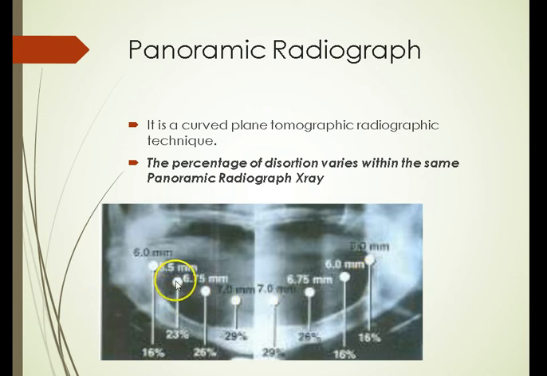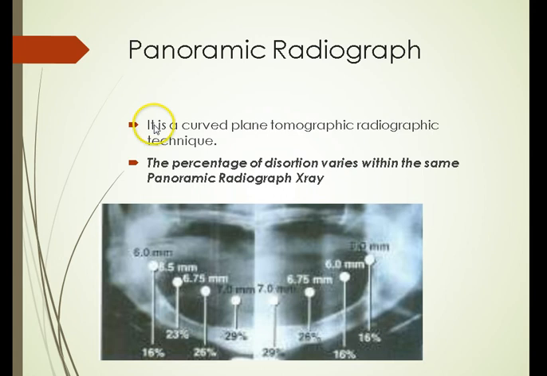So this 5 millimeter ball, for example, had a distortion of 16, 23, 25, 29, 29, 26, 16, 16. Same view. So if you're putting implants in, just because you did your steel ball in one area doesn't mean it will correlate to the other side. Or if you're doing it in the back, doesn't mean it's the same as in the premandible or the anterior of the mandible area.